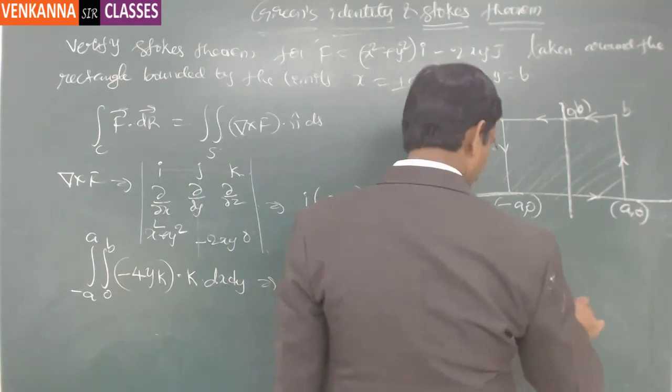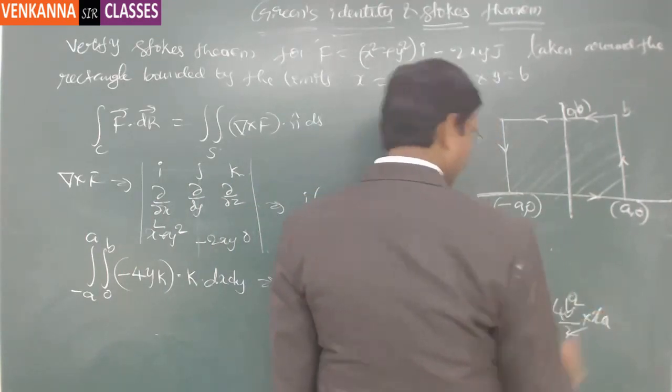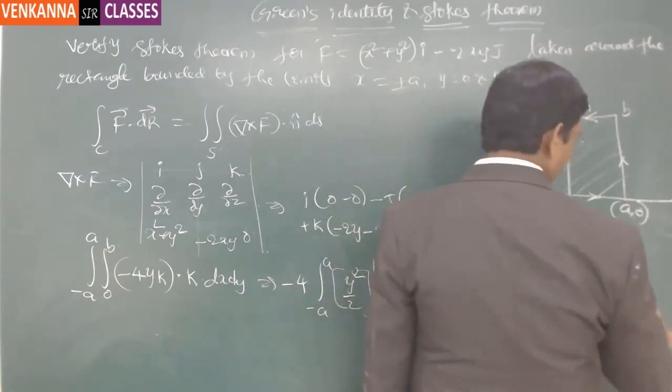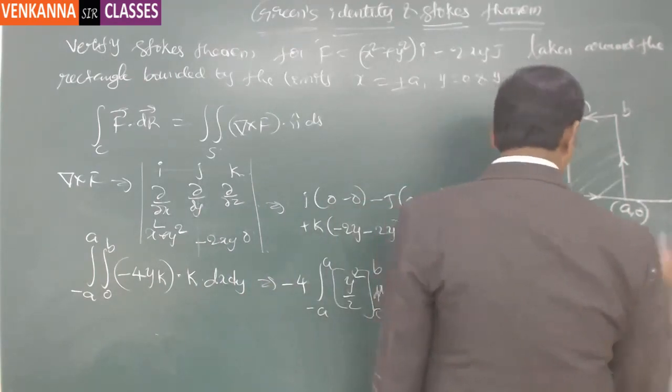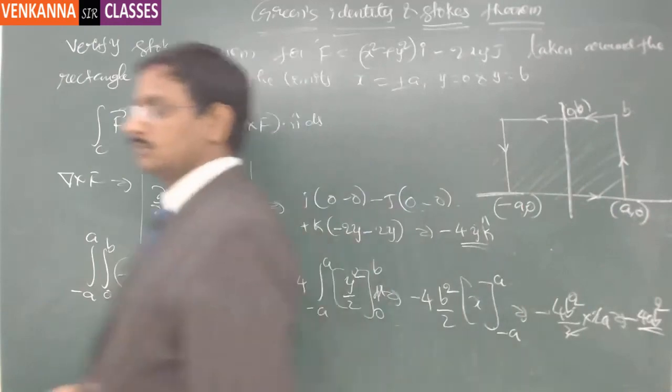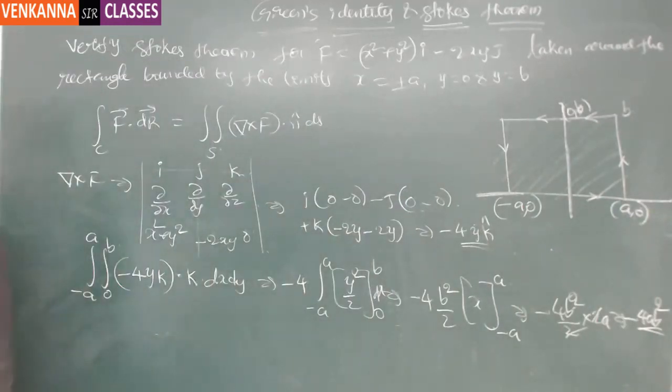So minus 4b square by 2 into 2a, the 2 cancels, giving minus 4ab square. So this is the surface integral. Got it? Minus 4ab square.